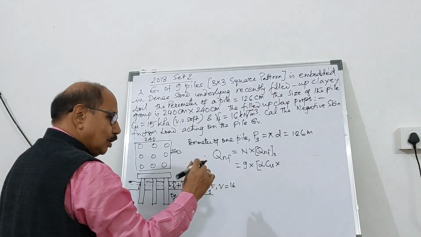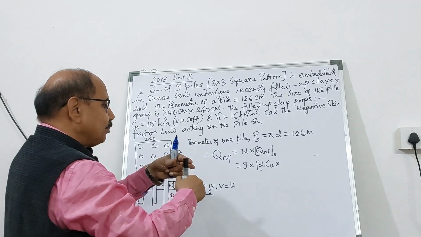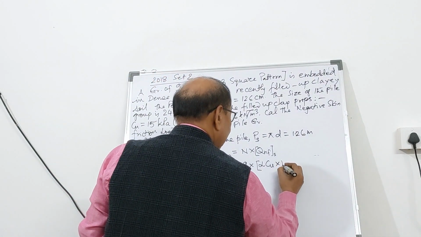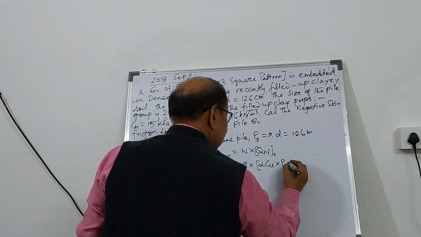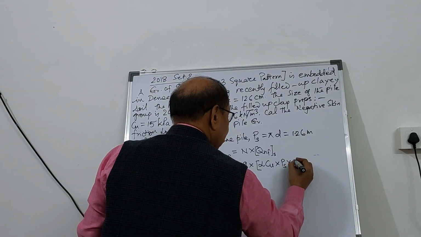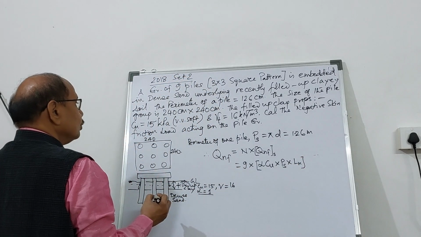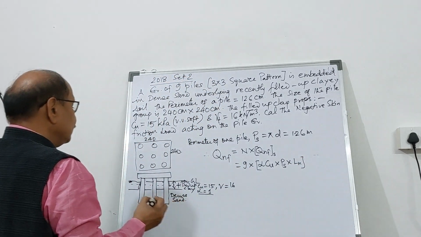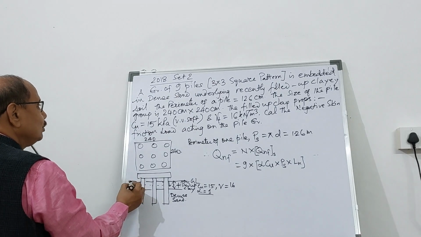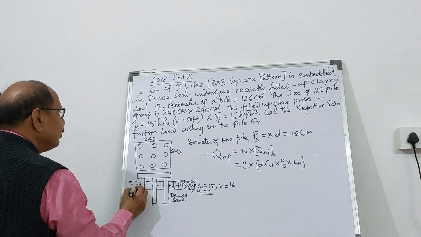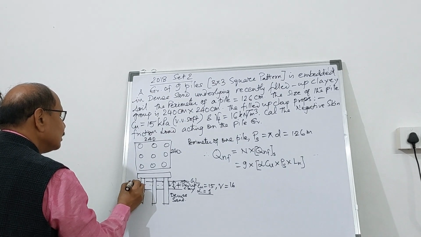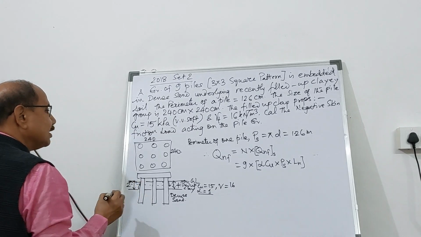If it is going to act over the pile, what is the perimeter? So perimeter of a single pile multiplied by ln, the length of negative skin friction zone. Now, this negative skin friction zone is given in the problem as 2 meter. So this ln is given.